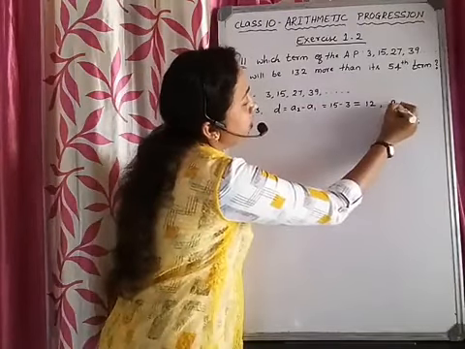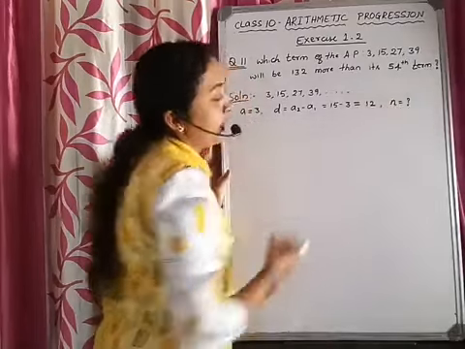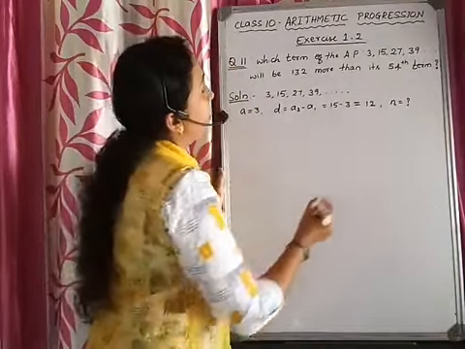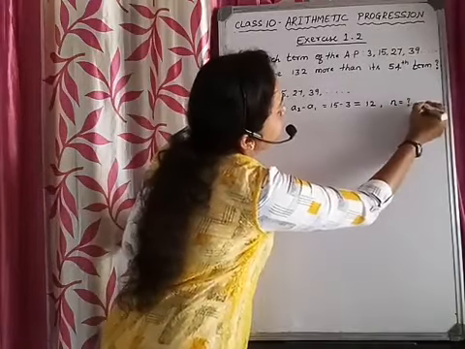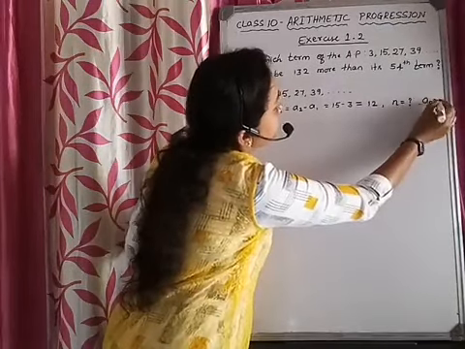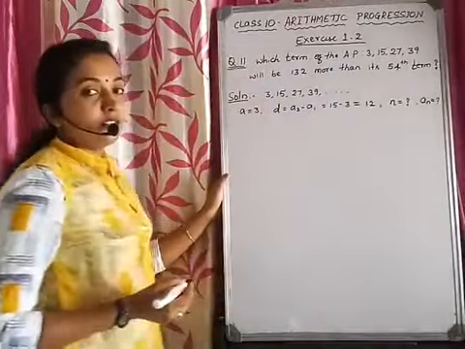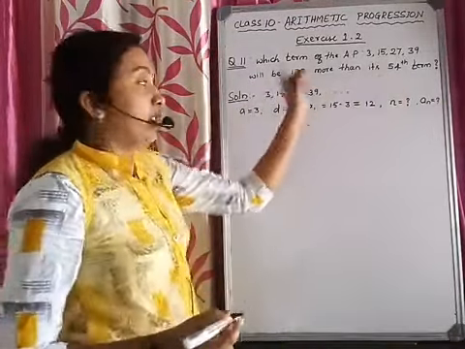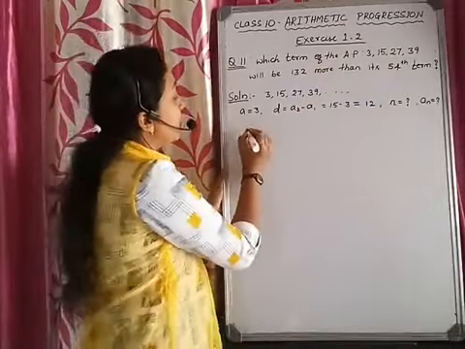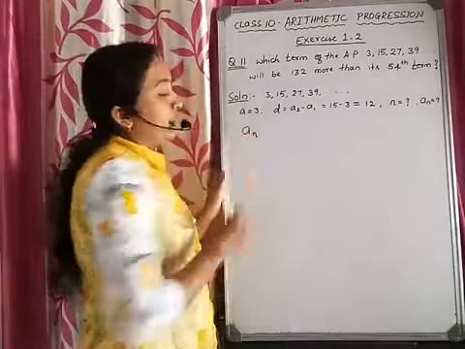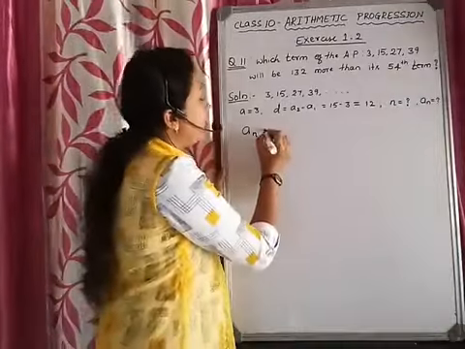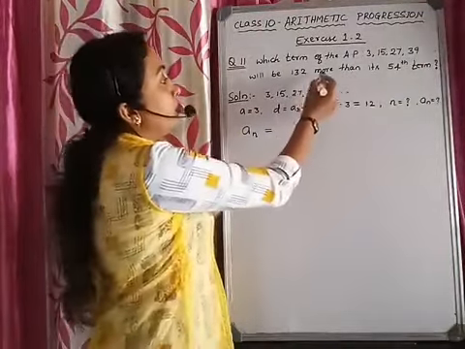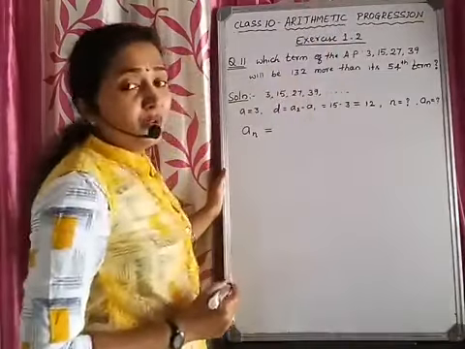We don't know n, right, children? So we have to find that term. And we don't know the nth term also. Right? Okay. So let us take this condition. That means which term they are asking. That is the nth term. That nth term is equal to 132 more than its 54th term.